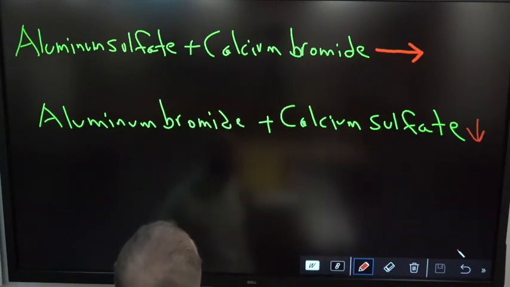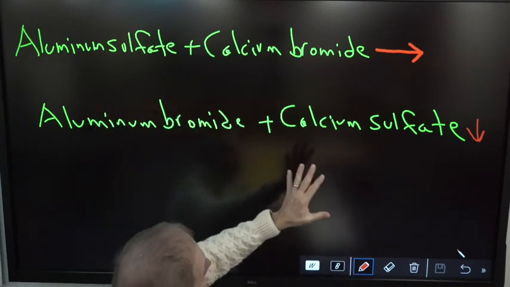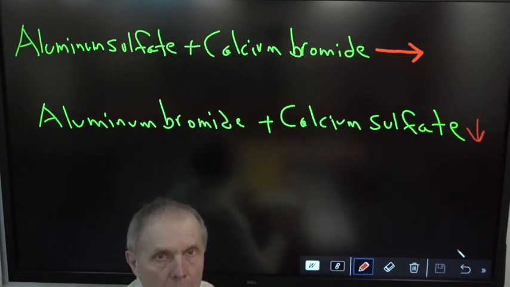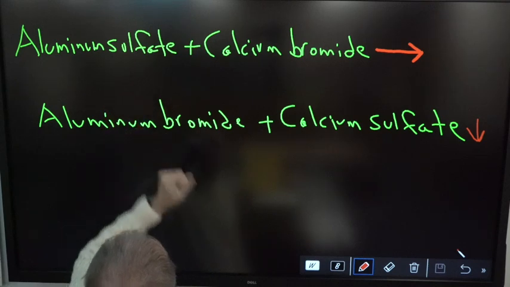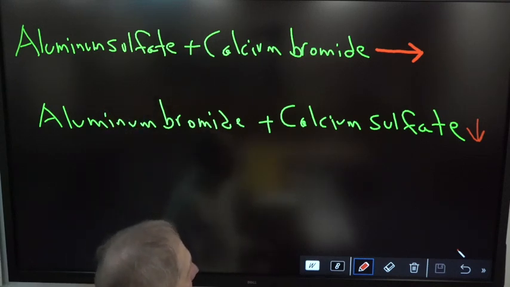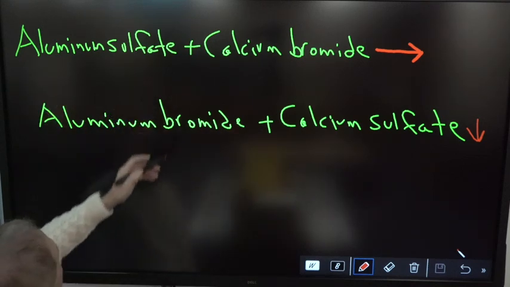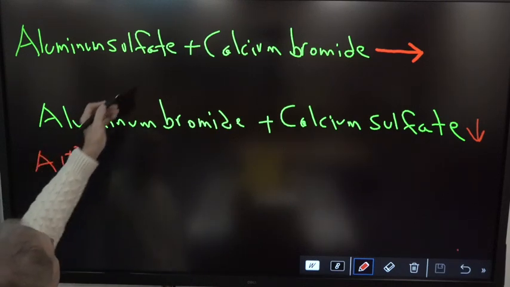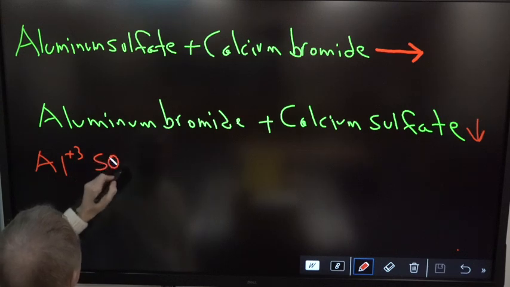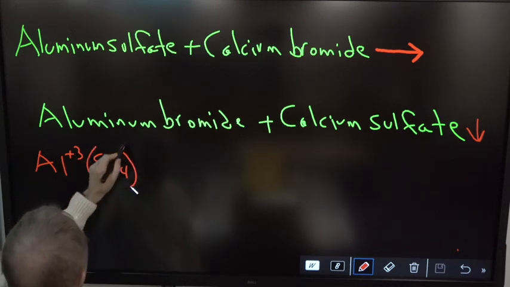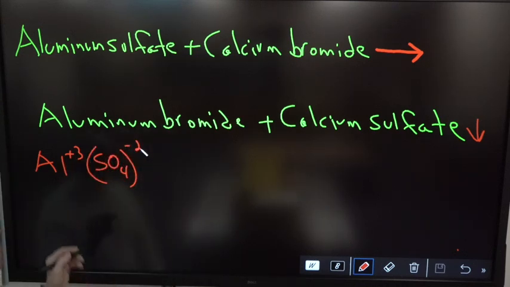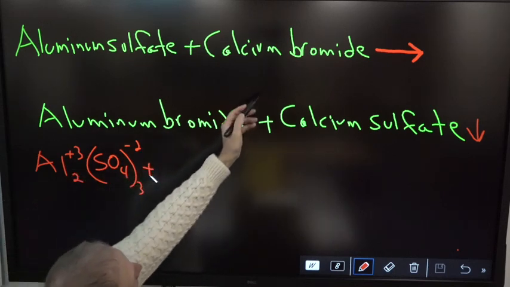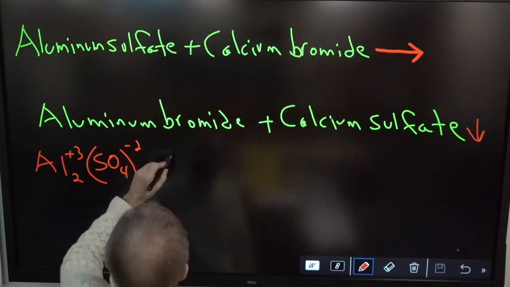All right. So now what we have to do down here is write the true formulas. So here we go. Aluminum sulfate. We have Al plus 3, and sulfate is SO4 minus 2. So we crisscross: Al2(SO4)3, plus we have calcium bromide.